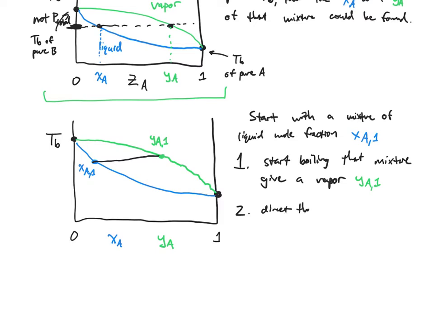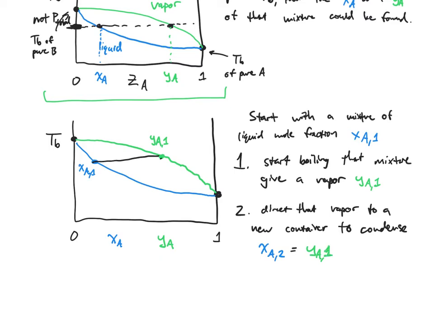So then step two is going to be direct that vapor to a new container to condense. And then once it condenses, we're going to have a new mixture, and we'll say that the liquid mole fraction of A for that new mixture is going to be whatever A was in that vapor, because we just took that pure vapor and condensed it.